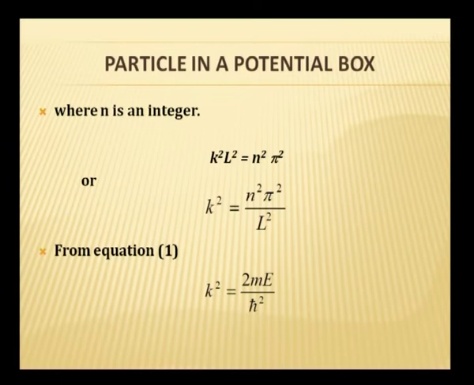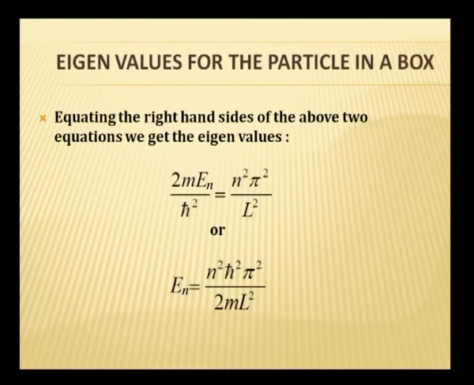So, what happens to k square L square? k square L square will be n square pi square, and k square will be n square pi square by L square. From equation 1, your k square will be equal to 2mE by h bar square. Therefore, these two can be equated: 2mE by h bar square will be equal to n square pi square by L square, or E becomes equal to n square h bar square pi square by 2mL square.